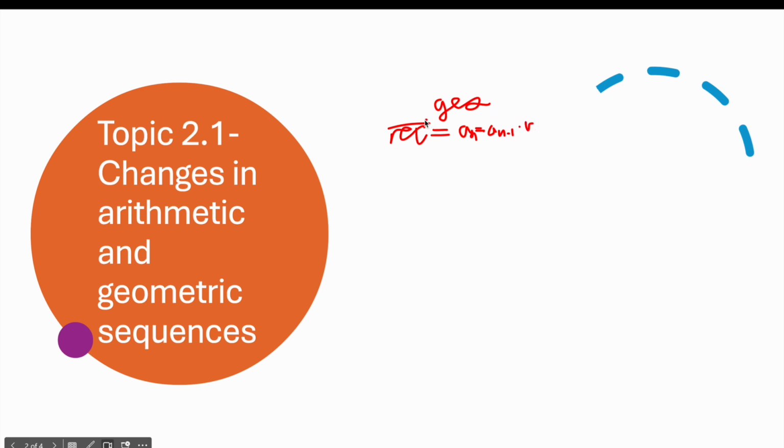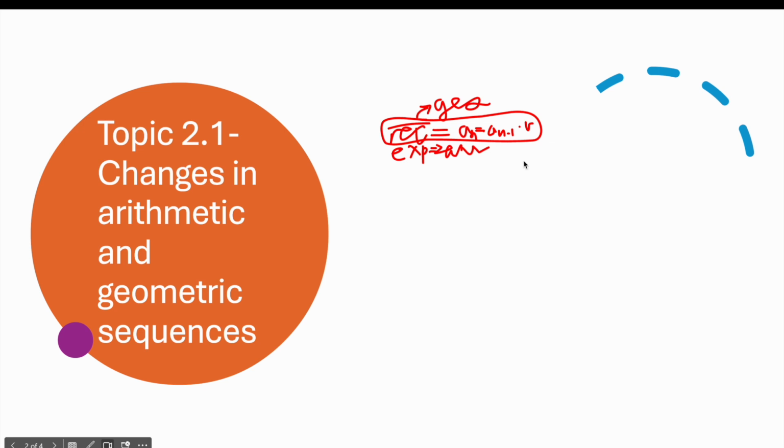So this is just a basic outline of what your geometric formula truly is. But when we actually use it, we're going to use explicit formulas to find the answer.